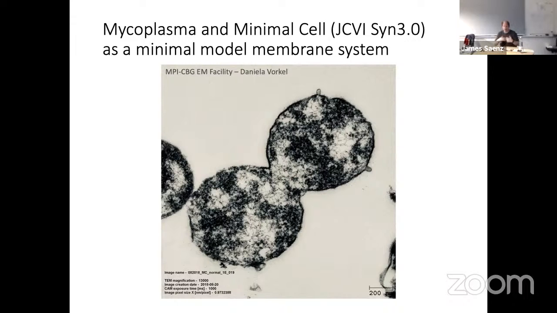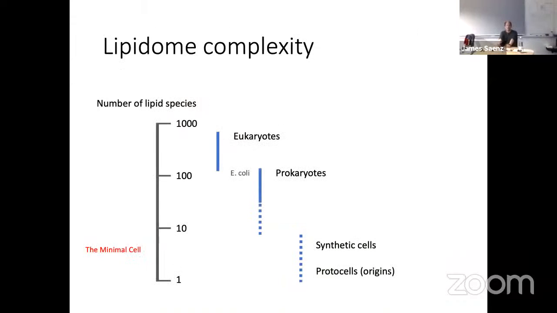So this affords us an unprecedented ability to now explore the relationship between the complexity and composition of the lipidome and the function of the membrane and ultimately cellular viability and the ability to adapt to different niche environments. Okay, so going back to our scheme here, we have complexity of lipids, and we've now shown that Methylobacterium puts us at the lower end of this spectrum of prokaryotes.